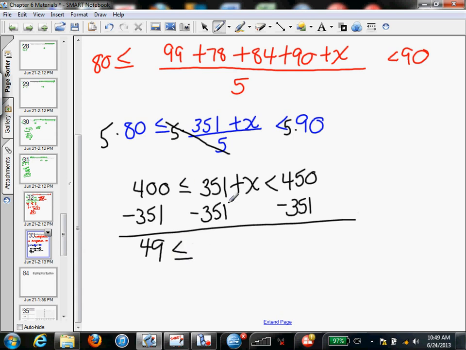And it has to be less than or equal to, and that's just going to go to 0, of x, which is less than 450 minus 351, or 99. So it looks like this student Devin needs to make somewhere between a 49 to a 99 to make a B in the class.